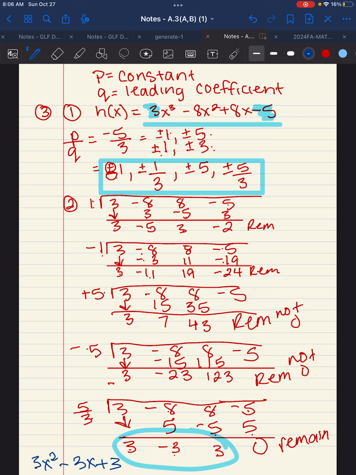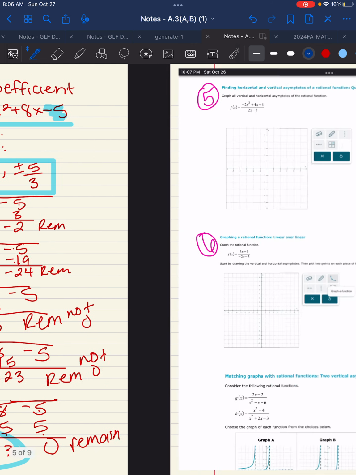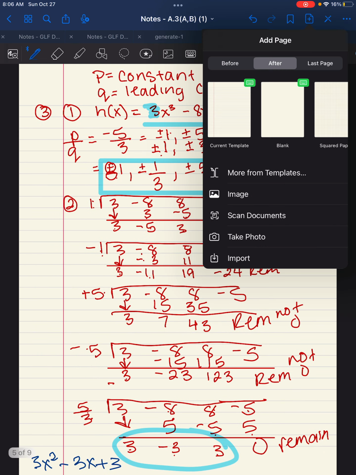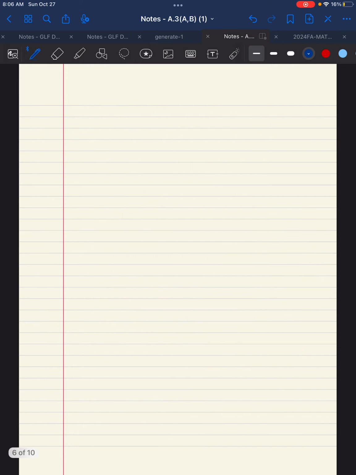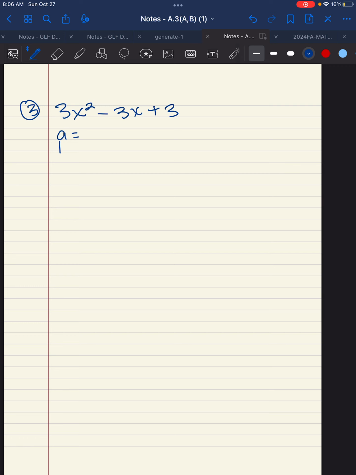Now that I have that, step 3 says to use the quadratic formula. Here we go. We had 3x squared minus 3x plus 3. What's A? What's B? What's C?